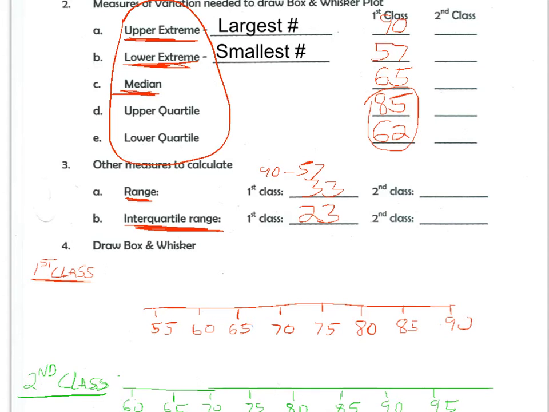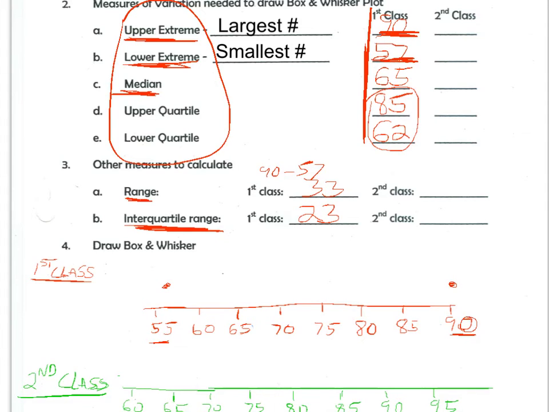I'm going to plot all of these points on a real number line, and I have them all listed from 55 to 90, and I'm just going up by 5. So if I plot the lower extreme 57, that would be right about here. If I plot the upper extreme 90, it's right here.